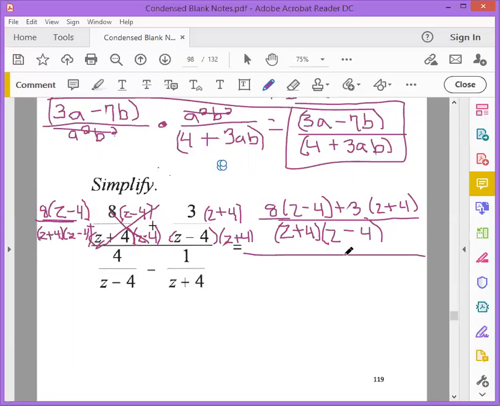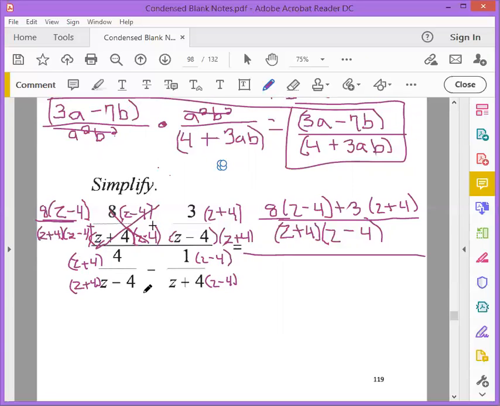Now we're dividing this term by the denominators, which we need to get common again, so we have to multiply the z minus 4 times that factor of z plus 4. Remember, you're going to multiply in the numerator and in the denominator z plus 4. And the fraction on the right side, we need to multiply the numerator and the denominator by that missing factor z minus 4.